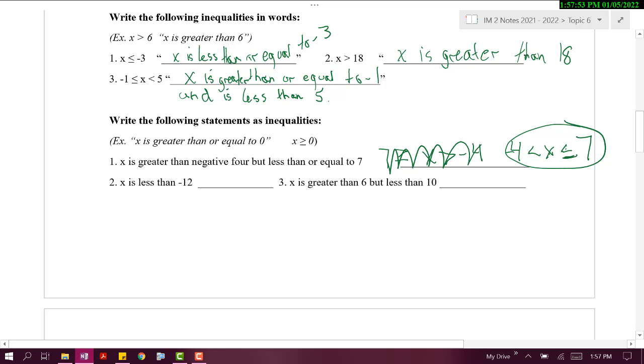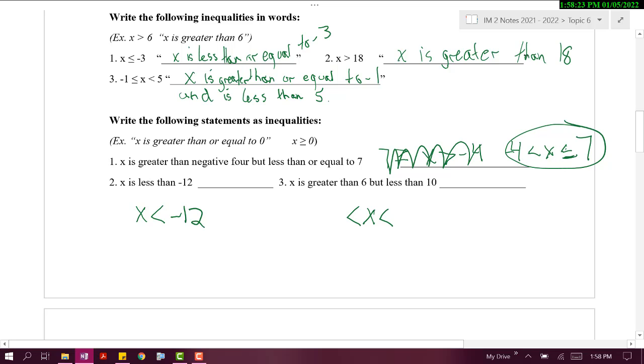All right, number 2, x is less than -12. Nothing too crazy going on there. Number 3, x is greater than 6 but less than 10. So now I'm not going to have the problem I did in number 1. It's greater and less than, so it's in the middle. So x is greater than 6.